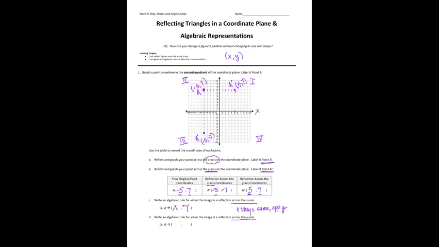So I know I took the opposite of my x coordinate. And this is how we show it. When we reflect across the y-axis, we take the opposite of x, but y stays the same. And let's write that down. This time we took the opposite of x, but y stays the same.